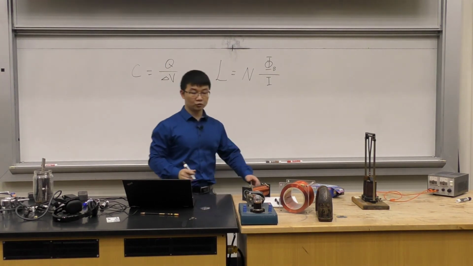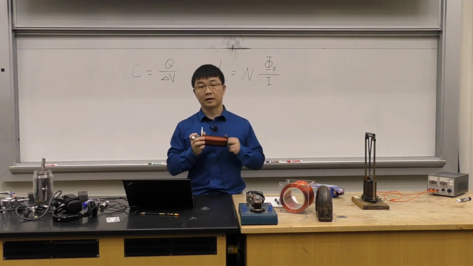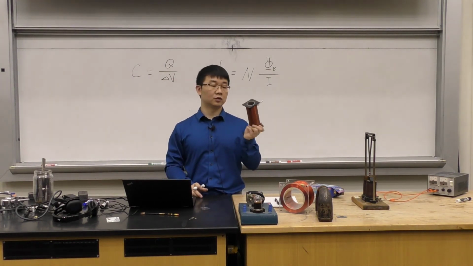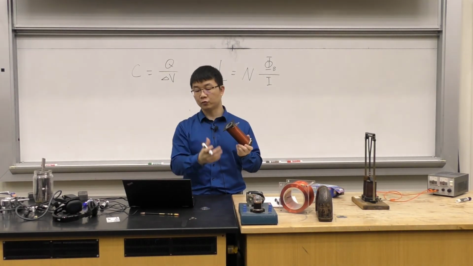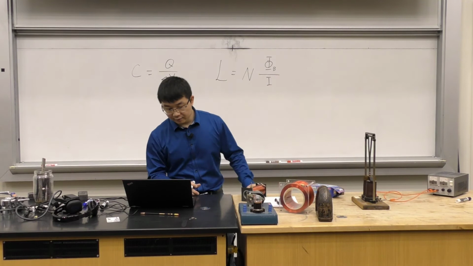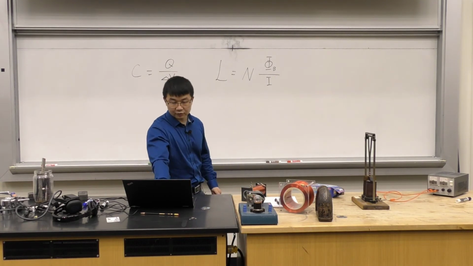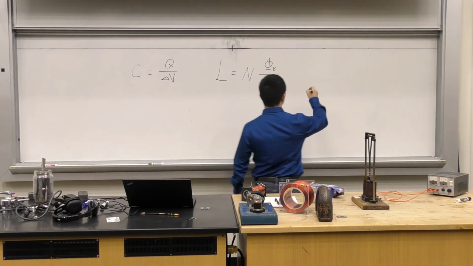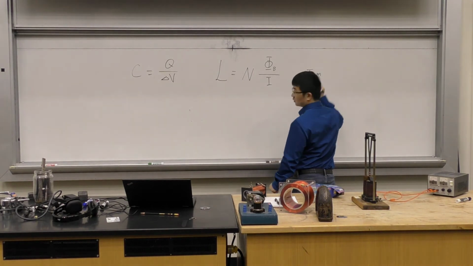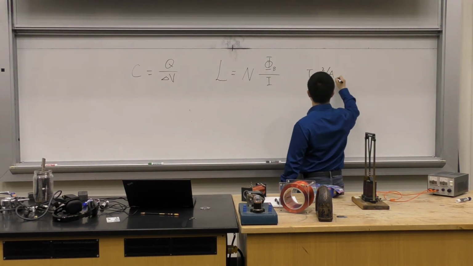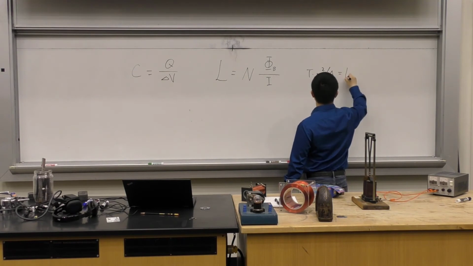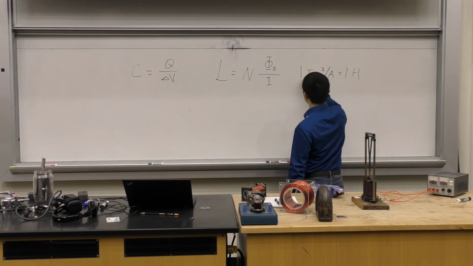In order to create a magnetic field in a solenoid, you have to connect it to some source so that it has a current in it. So there will be a current. And this is going to have an SI unit: Tesla times meter squared over amp. We do have a name for it, we call it Henry.